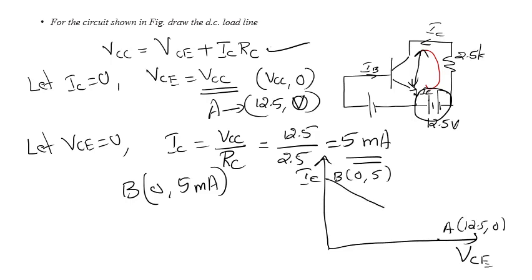So this will be a straight line. This is the DC load line for this circuit. Okay, so this is how we approach DC load line problems.